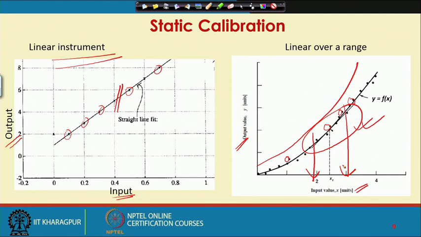Over this range the relationship is linear, calibration is linear, but if I talk about this range, this instrument is not linear over the entire range.